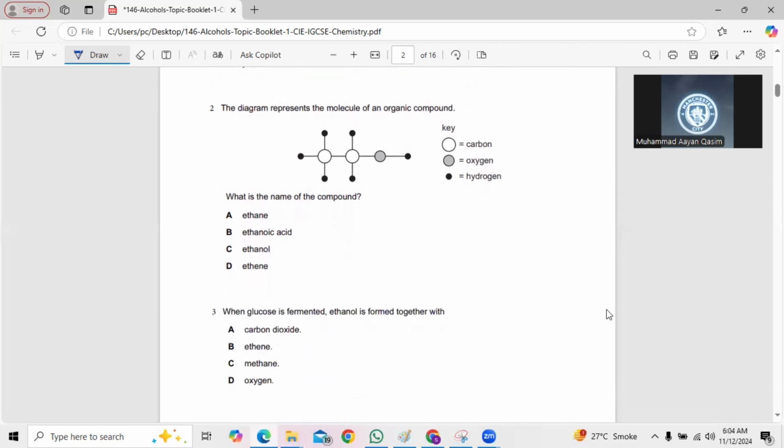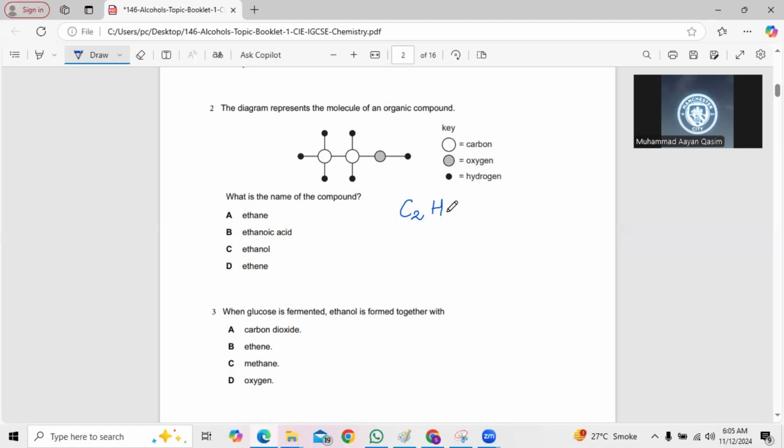Now, this is the question. The diagram represents the molecule of an organic compound. This compound contains how many carbons? Two carbons. And how many hydrogens? One, two, three, four, five.